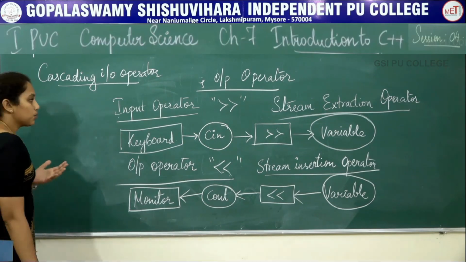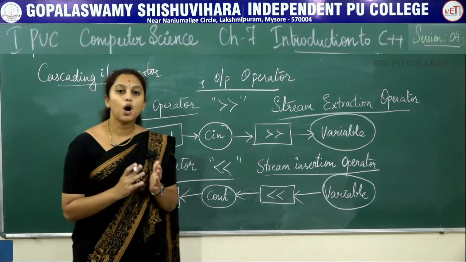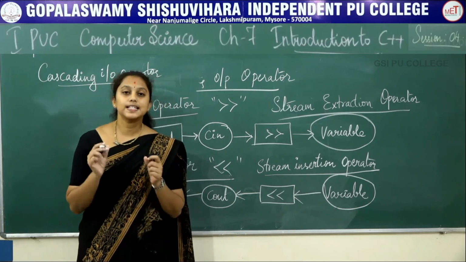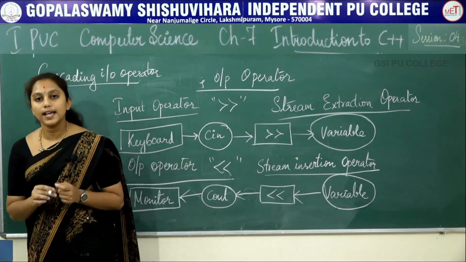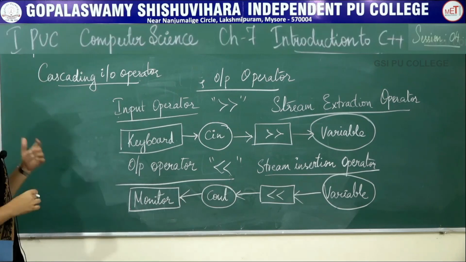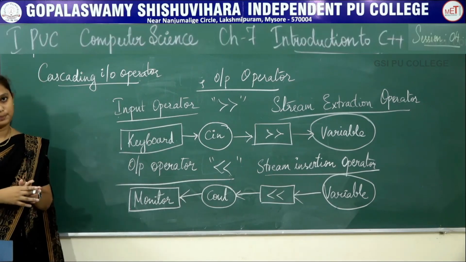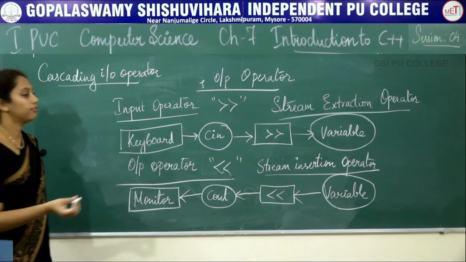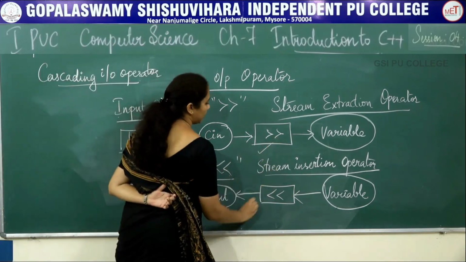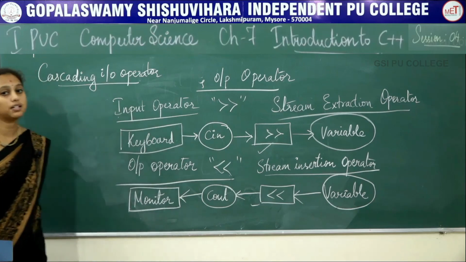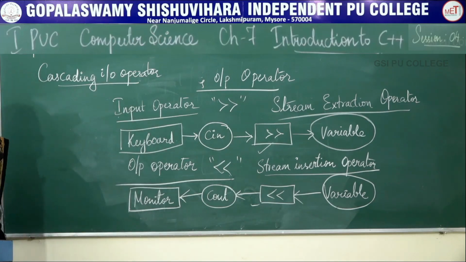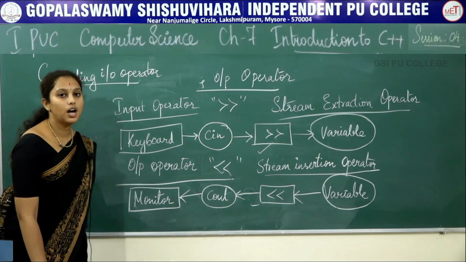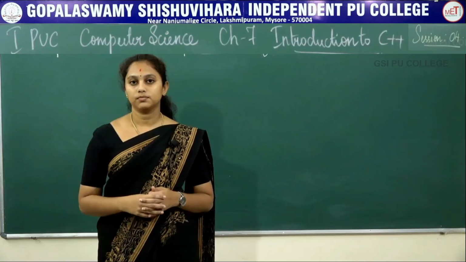The multiple usage of input and output operators in a single statement is called cascading of input and output operators. So if we use input and output operators multiple times in a single statement, it is called cascading of input and output operators.